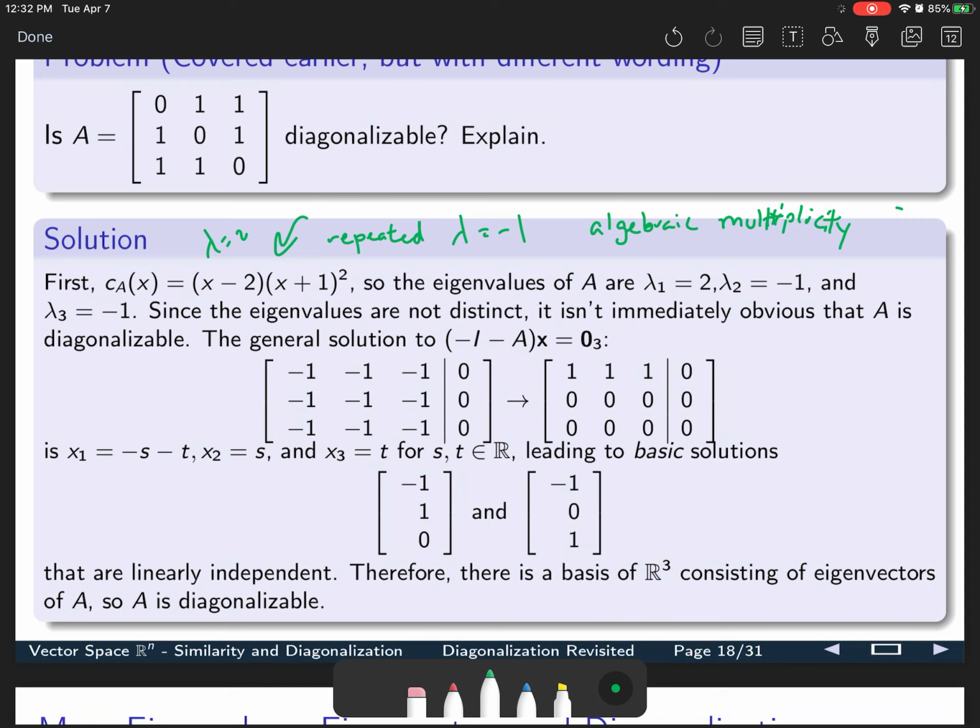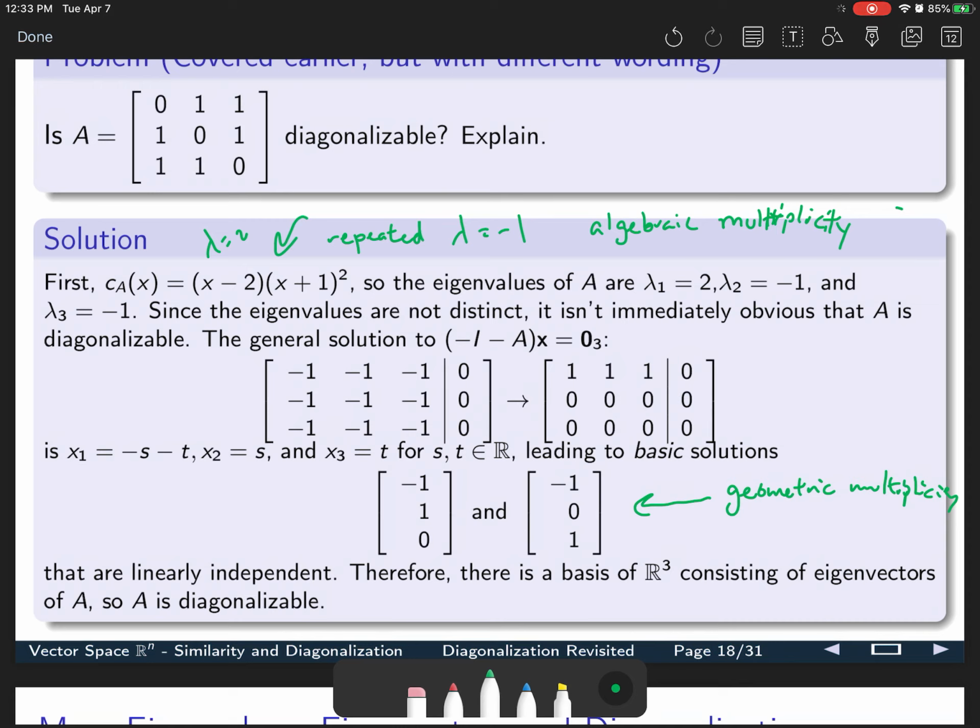And there is another type of multiplicity called geometric multiplicity, and that is the number of linearly independent eigenvectors that we get corresponding to a given eigenvalue. And so we're going to be able to diagonalize this matrix if the geometric multiplicity matches the algebraic multiplicity.